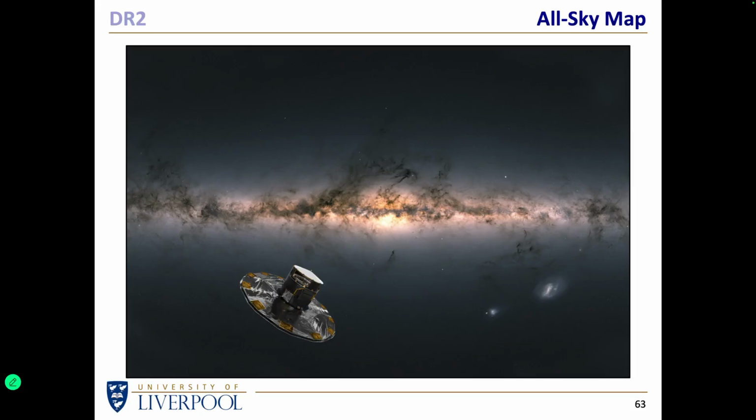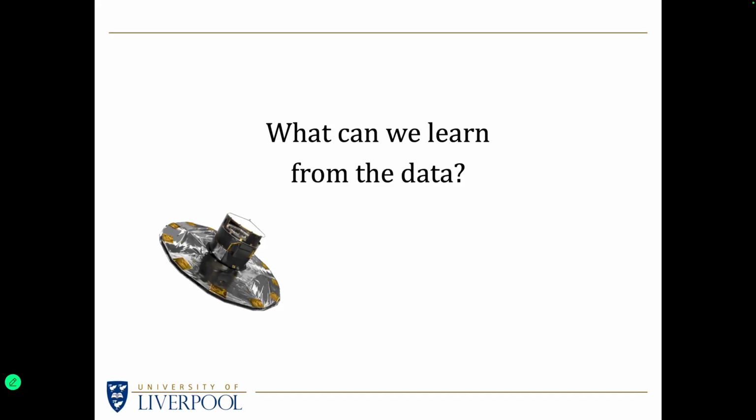But remember, it's not maps like this we're interested in, it's the detail of what those individual star positions and star motions tell us about our galaxy. What can we learn when we start picking apart all of the data from Gaia?